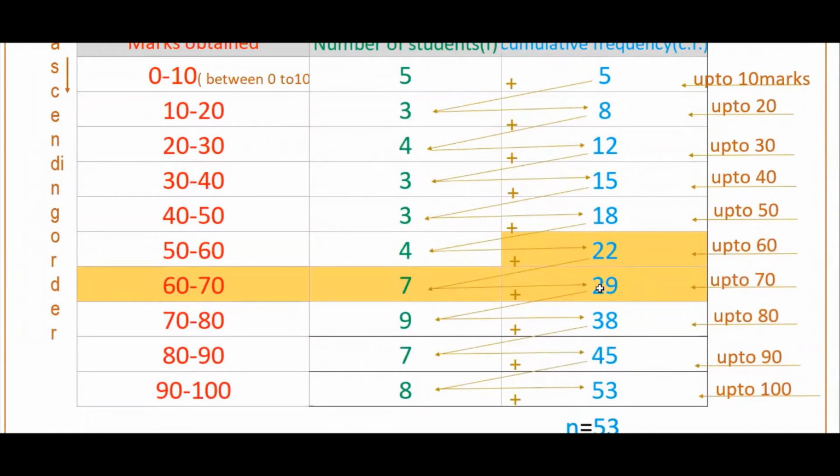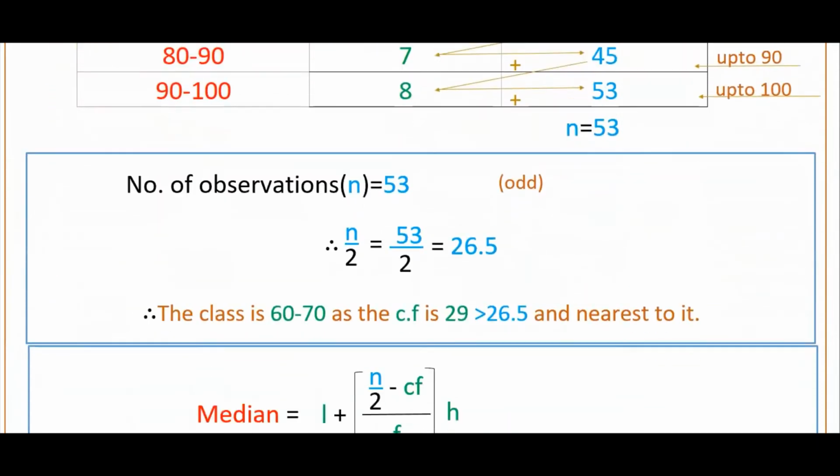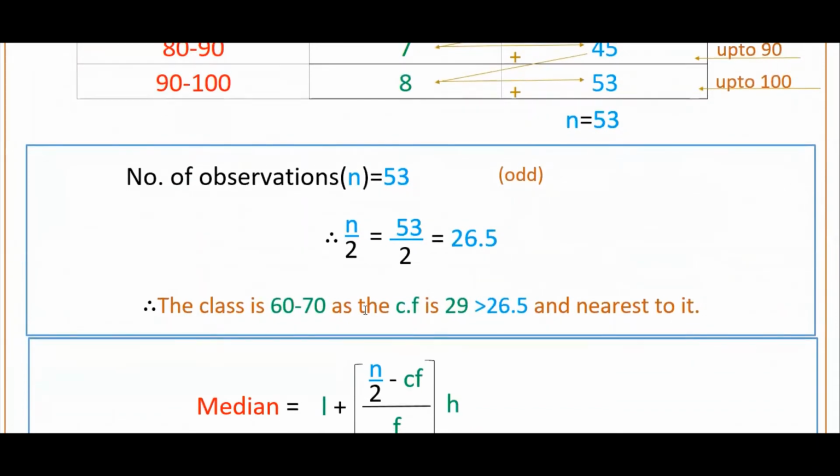But for 26.5, you have to take the value greater than 26.5 and nearest to that number, that is 29. So you have to choose this number 29, and the corresponding class interval is 60 to 70 marks. So therefore, the median class is 60 to 70, as the CF, cumulative frequency, is 29, greater than 26.5 and nearest to that number.